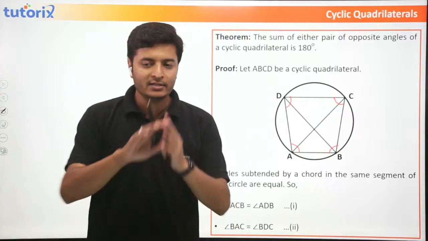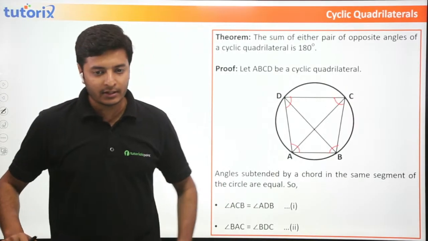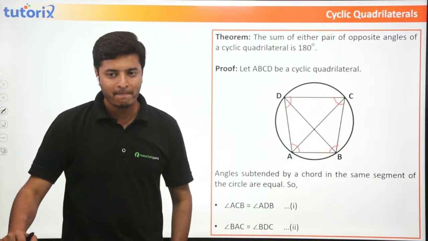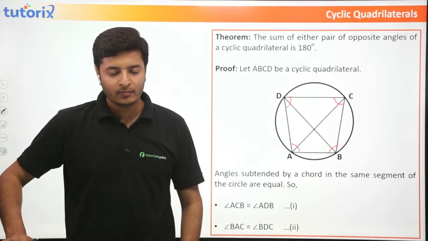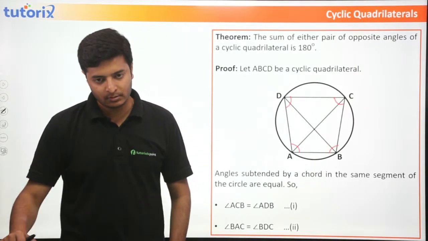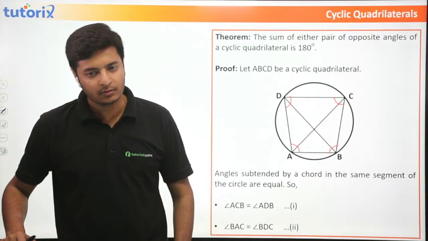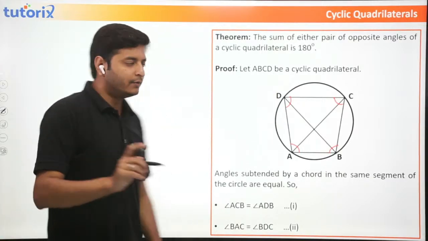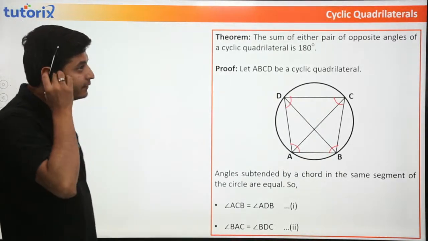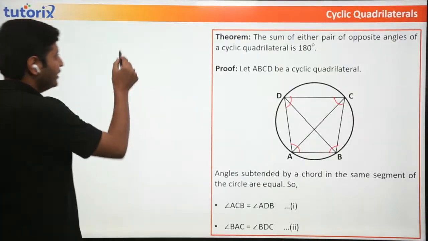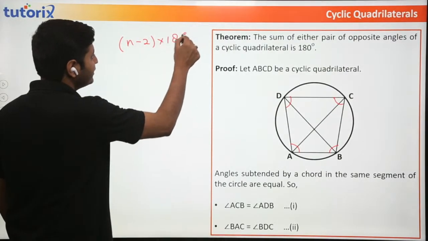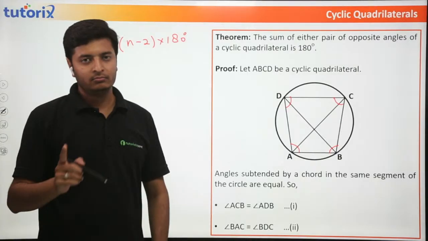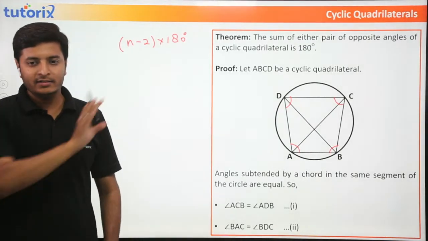Now, what is the angle sum property in case of a quadrilateral? Angle A plus angle B plus angle C plus angle D equals 360 degrees. We know the formula that for any polygon with n sides, we can apply (n minus 2) into 180 degrees to find the angle sum of that shape. n is the number of sides.